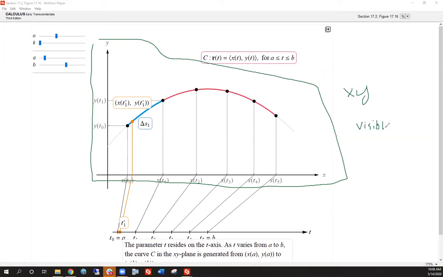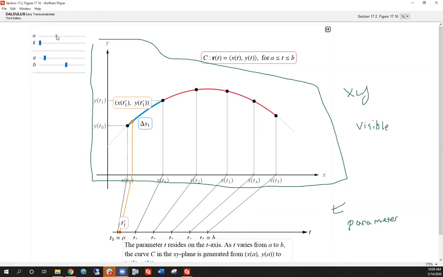But then there's this parameter T that lives outside of the visible world, which is sort of dictating what's happening with the XY visible world. What's our most common application or understanding of T? Time. Yeah, so we think about T as being the time, and you can't see time, but it is taking place and it's impacting things in the XY world.